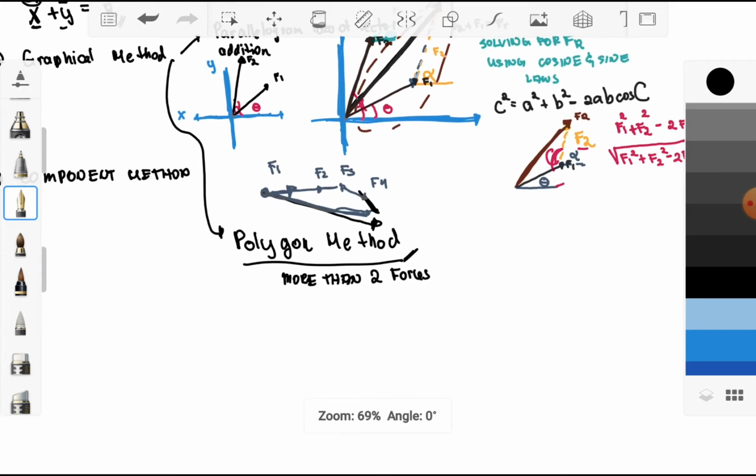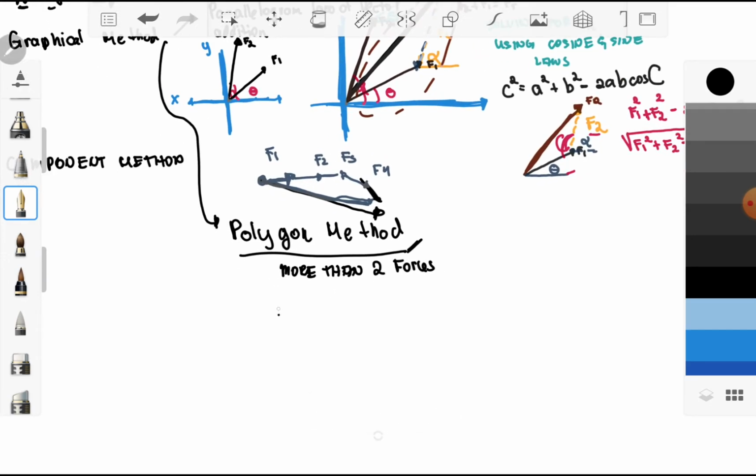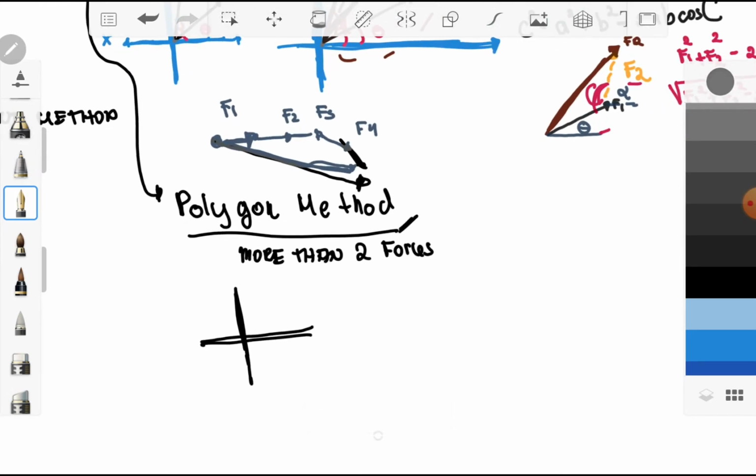So if I have multiple forces, let's say I have my F1, F2, and F3.